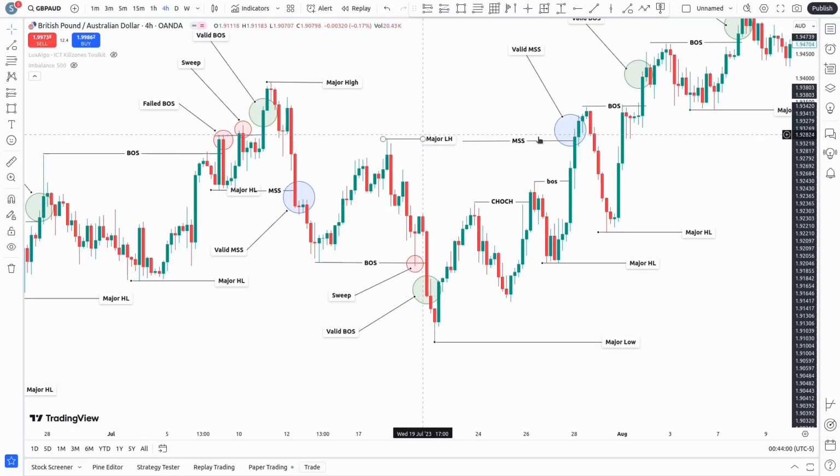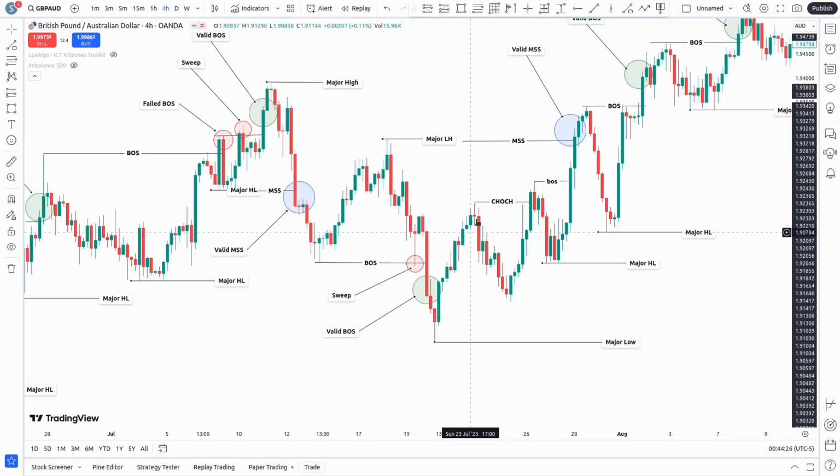I'm not saying that we cannot treat an internal structure as a substructure, but the probability is always higher when you trade in the major direction of the trend.